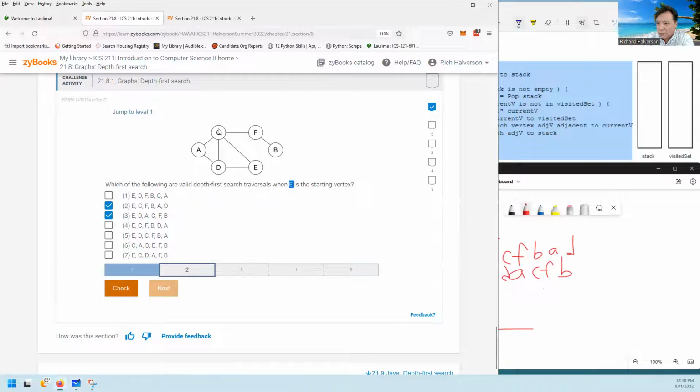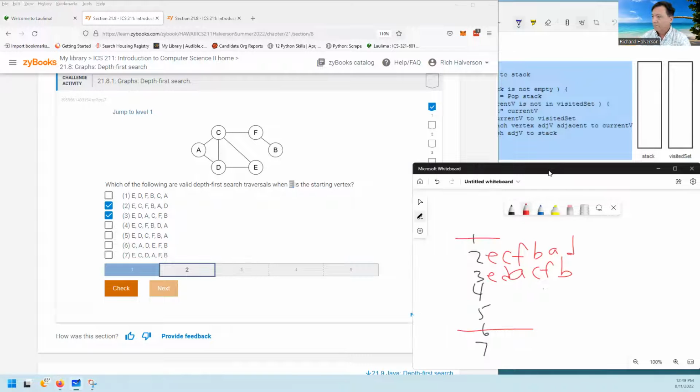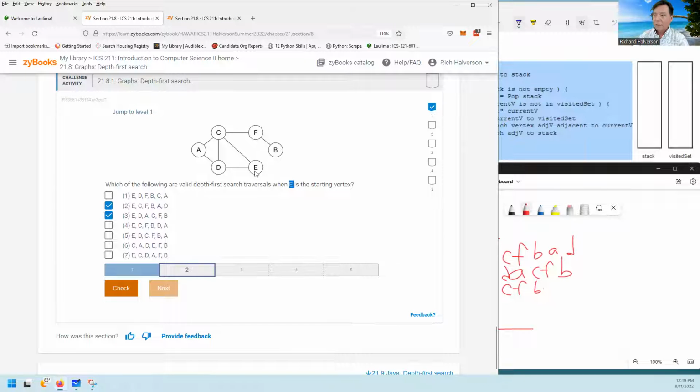E, C, F, B, D, A. Yes, that works. When C gets visited, A, D, and E are going to get added to the stack, but they can get added in any order.